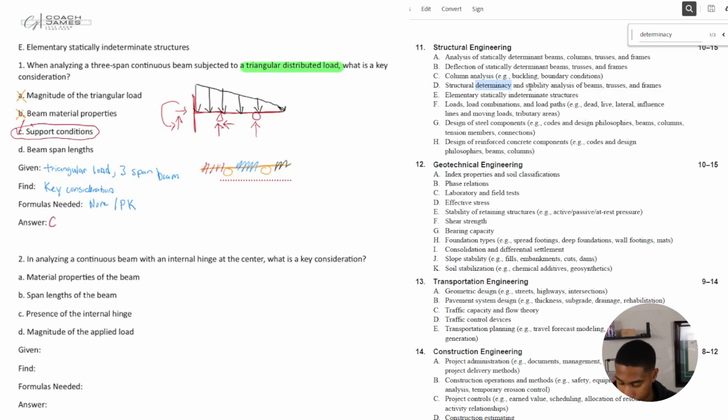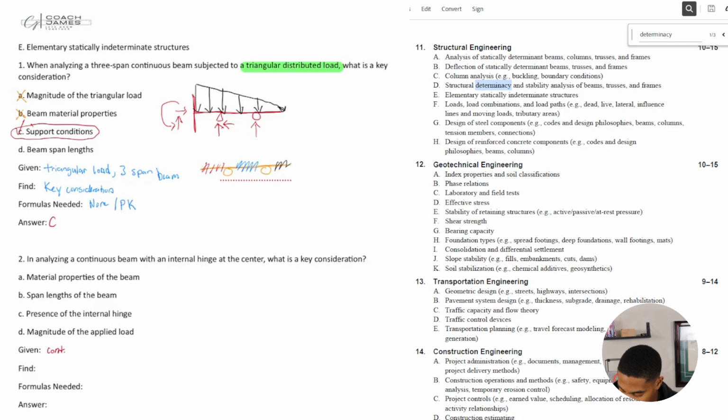All right, let's look at number 2. In analyzing a continuous beam with an internal hinge at the center, what is a key consideration? All right, so what information are we given?